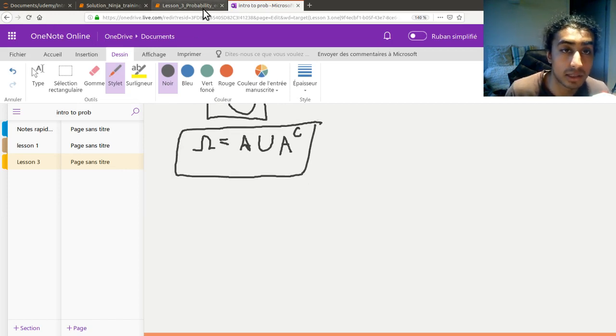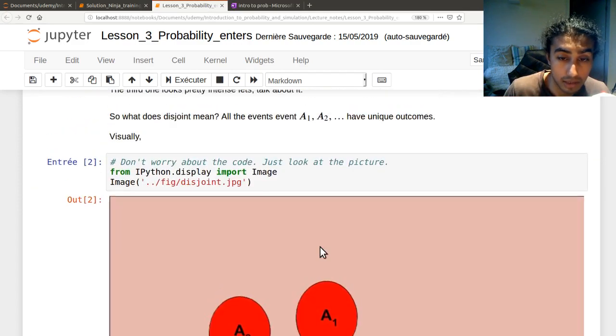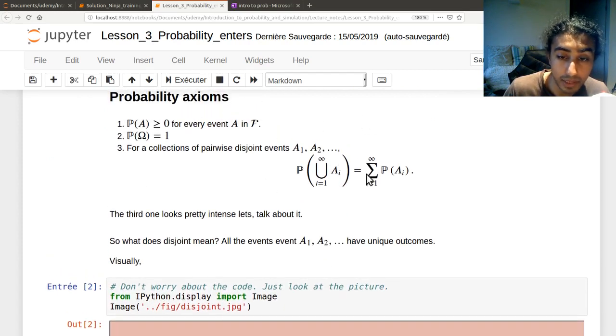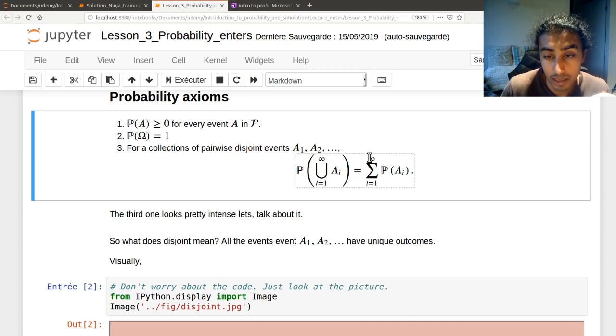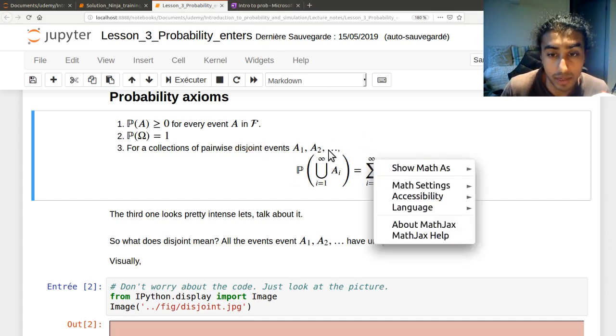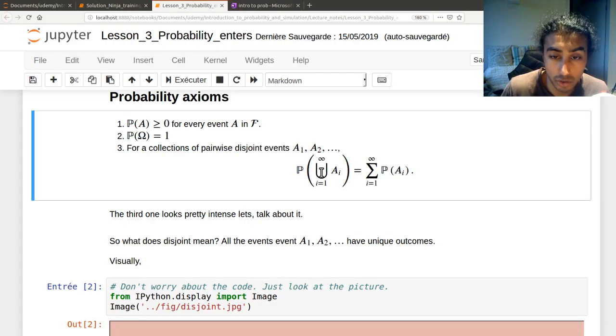Now, what we can do is use the third axiom from probability. So let's see what that was. Where is the third axiom? Here. It says if we have some union of sets that are disjoint, we can just sum the probabilities up. Just a very technical point: this is infinite, so we don't have an infinite number of sets here, but you can actually show that this can be n using a more advanced proof.